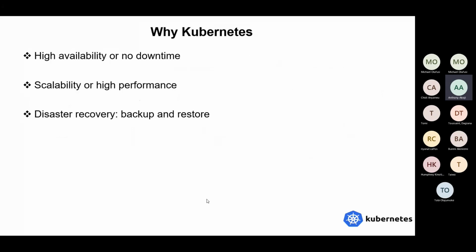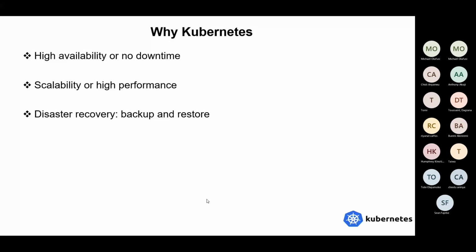So why Kubernetes? The reason why you need Kubernetes for your infrastructure or your development or whatever system you have is that it creates a system for you to have high availability. You don't have downtime. Sometimes when there's an upgrade for an application, most times, in the normal sense, they have to bring down the existing version that they have.